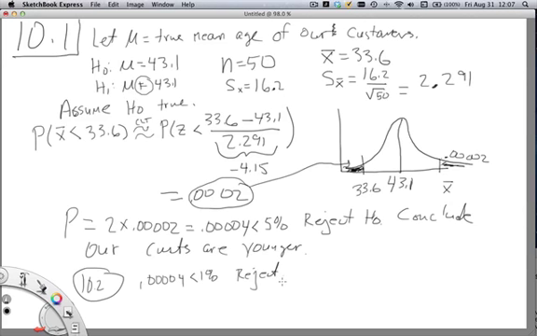One more thing. We could also do this problem with the confidence interval approach. The confidence interval approach says take 33.6 plus or minus 2 standard errors, so 1.96 standard errors. The standard error is 2.291, and let's go find that in Excel.